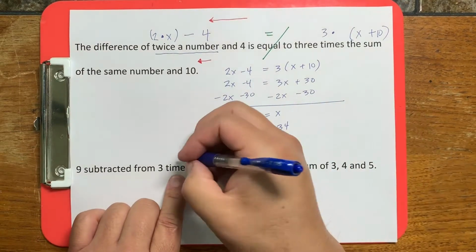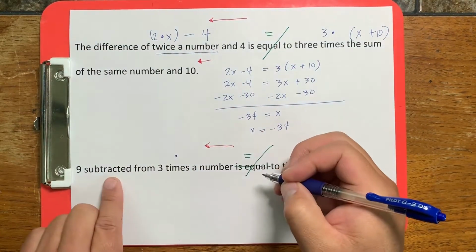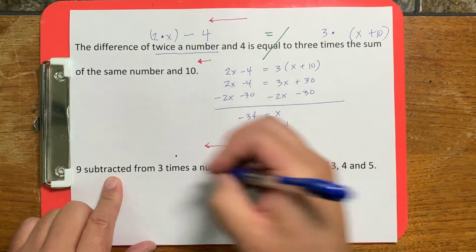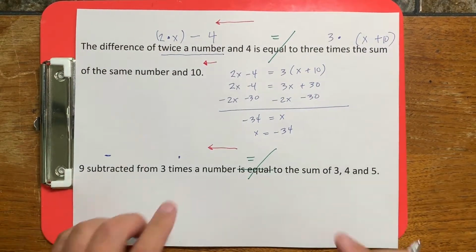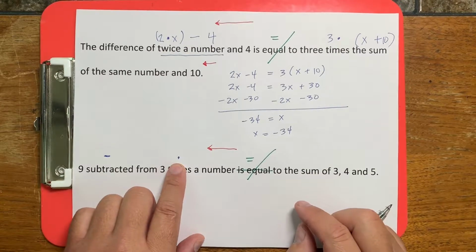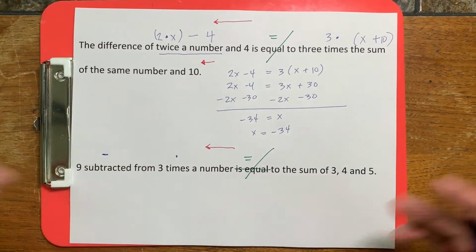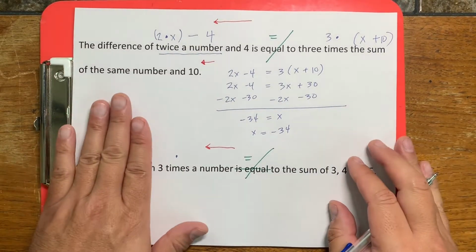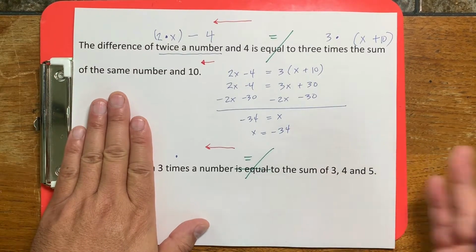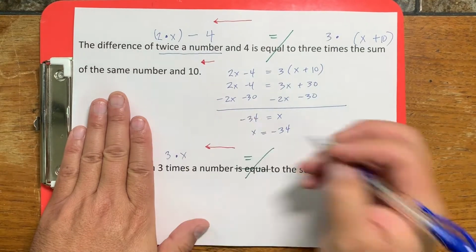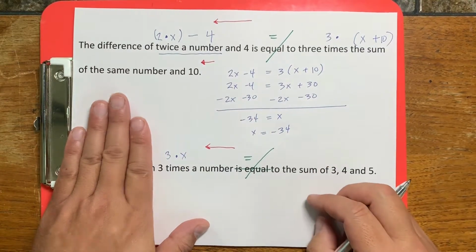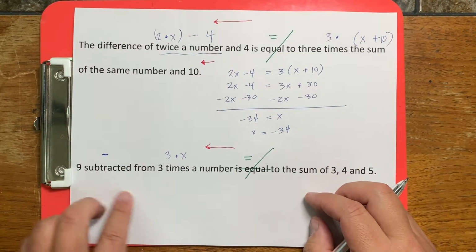Number, a, times. I know times is multiply. And then subtracted from. So what I want to do is times first because it's what comes last. So when I look at this little snippet, I see 3 times a number. What do I do to 3 times the number?